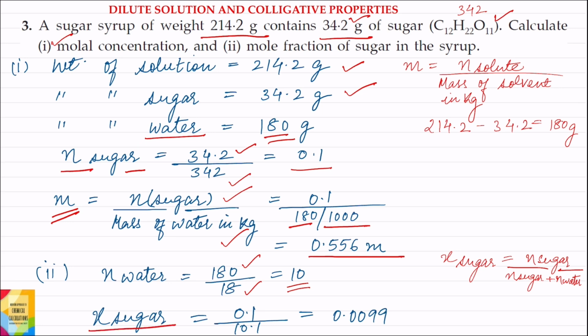So mole fraction of sugar is equal to moles of sugar, that is 0.1 divided by total moles. Total moles कितना हो जाएगा? Total moles होगा moles of sugar, that is 0.1 plus moles of water, that is 10, and this is equal to 10.1. So 0.1 divided by 10.1, and this is equal to 0.0099.